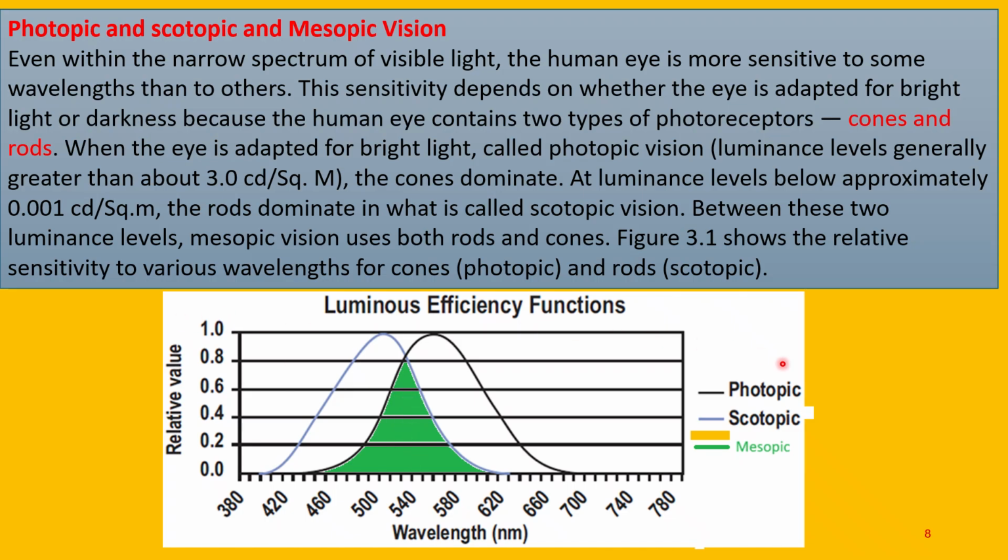So this diagram shows luminous efficiency functions of vision. This graph is based on wavelength in nanometer. The light region is from 380 nanometer to 780, and all the three, photopic, scotopic and mesopic, are shown here.